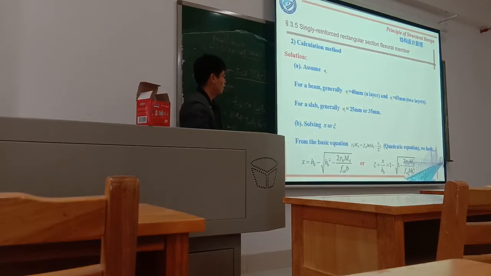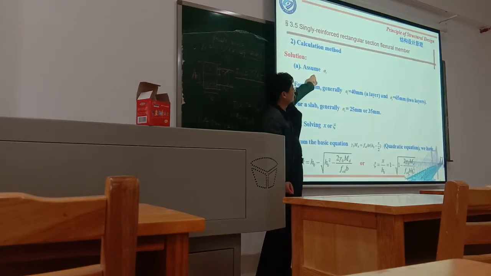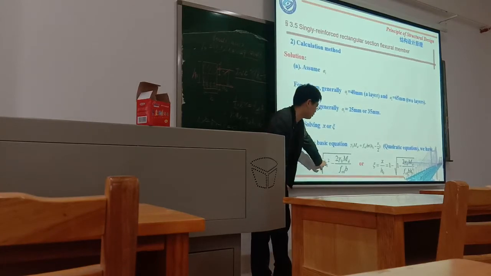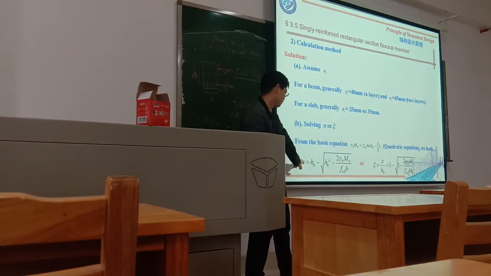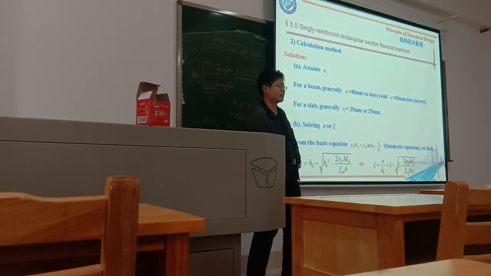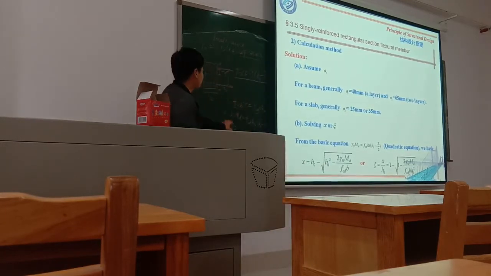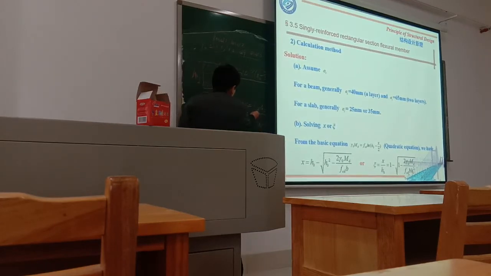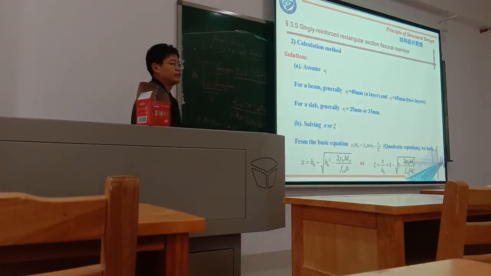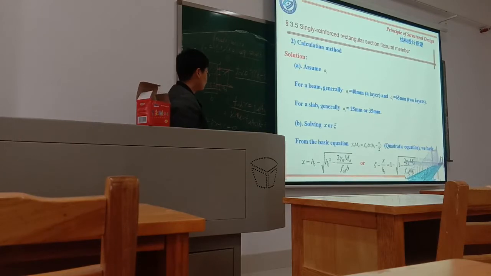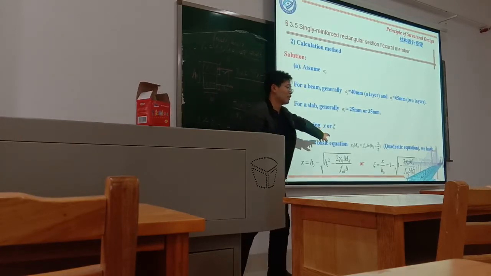You see, the purpose of assuming AS is to get H0. Once you got H0, then we can find the X. Once you got X, then we can use this formula to get AS. So why we use this formula?